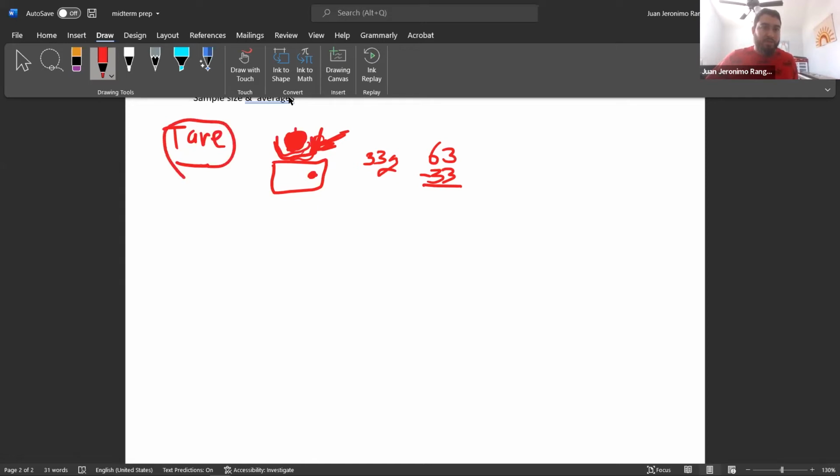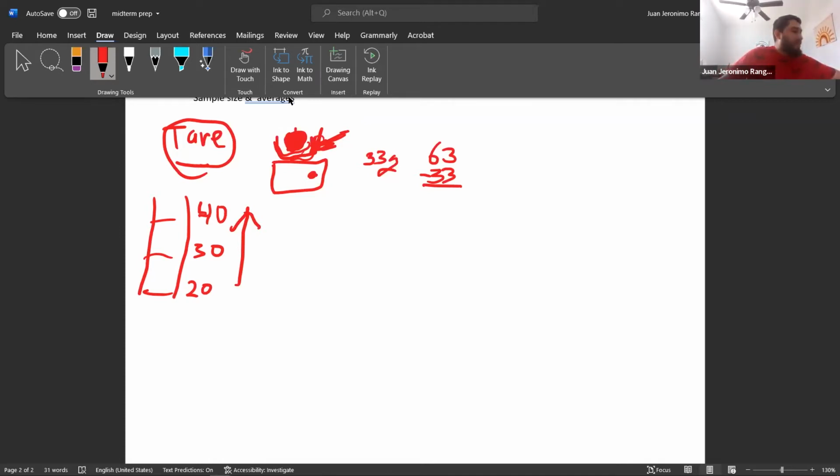Page 33, where it talks about volume readings. So you have graduated cylinders. Usually they're always in this form, always in ascending order as you go up.